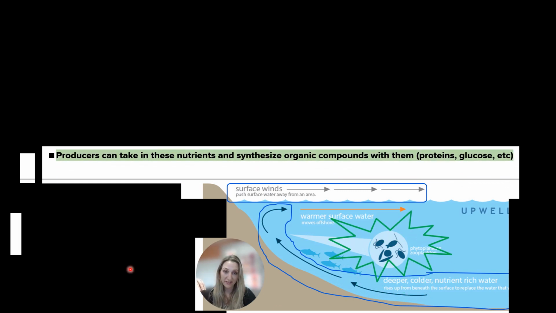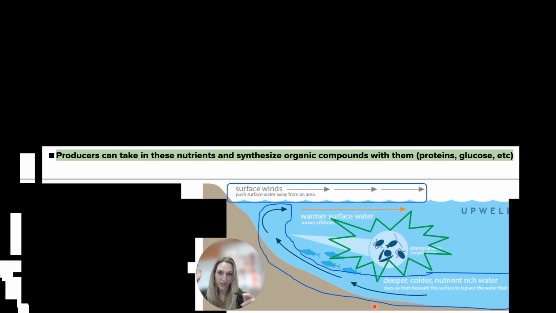And so then the biggest thing, we're moving from the abiotic to the biotic cycle. We're moving from the non-living, just wind, water, nutrients, into the biotic cycle. So when this is moved up, we're in the photic zone, and that's where our producers are, mainly phytoplankton. We should be thinking about them first.